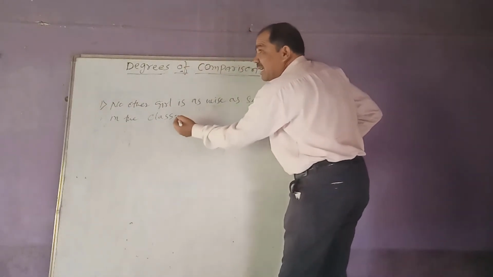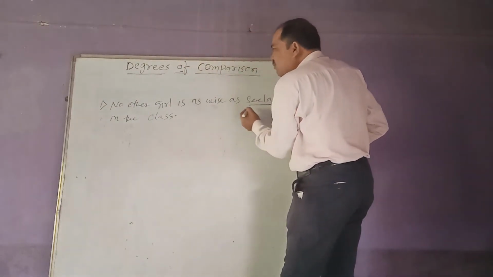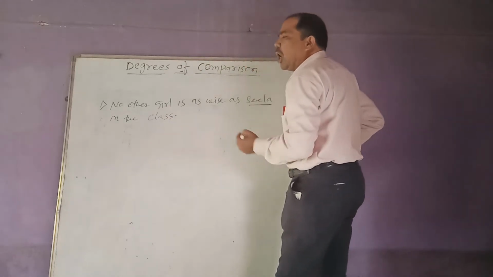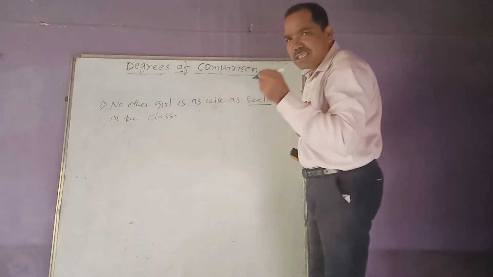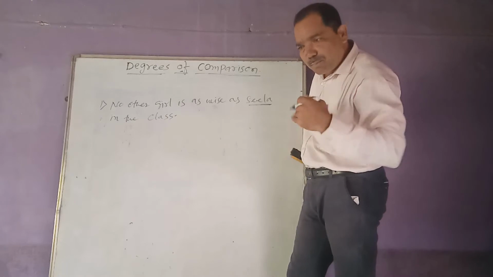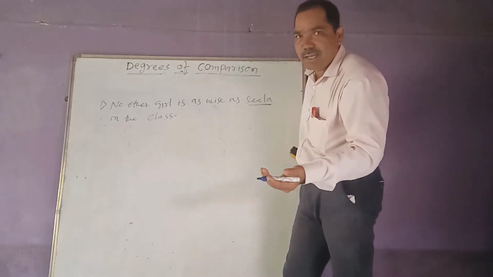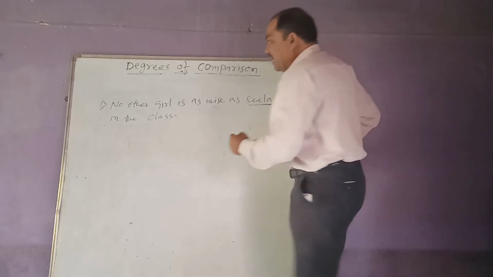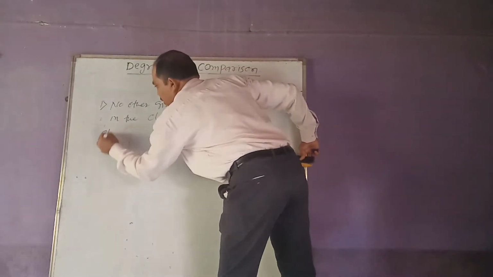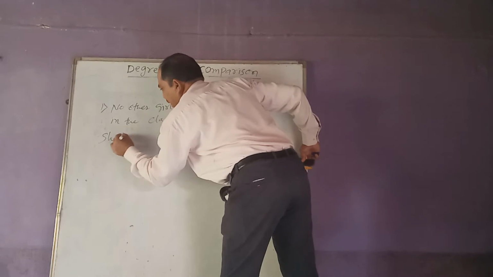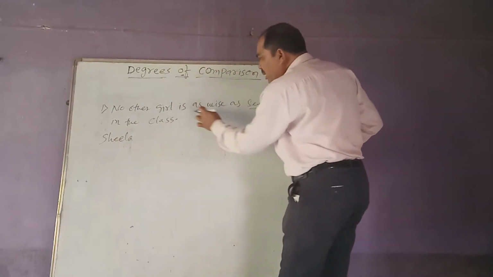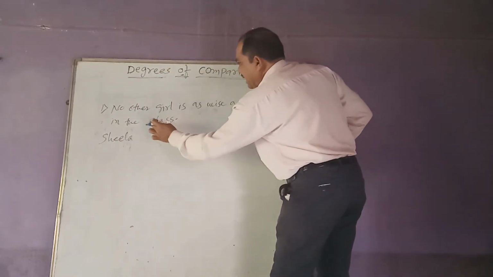The first sentence is: no other girl is as wise as Sheila in the class. This is the positive degree. To convert it into the comparative degree, you have to take Sheila first of all.